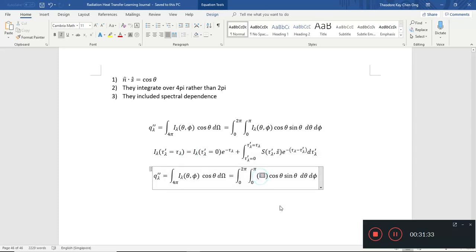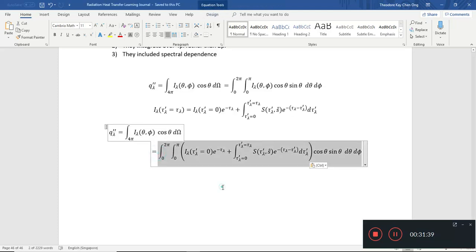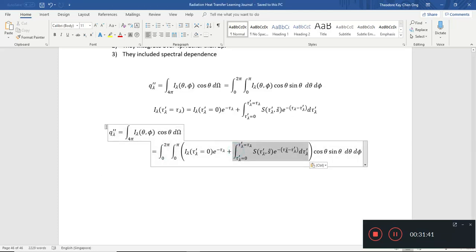Not sickening, it just looks very complicated. Because how many integrals are we talking about? We're talking about this integral due to the path length or the optical distance, and then we have another integral due to the solid angle.